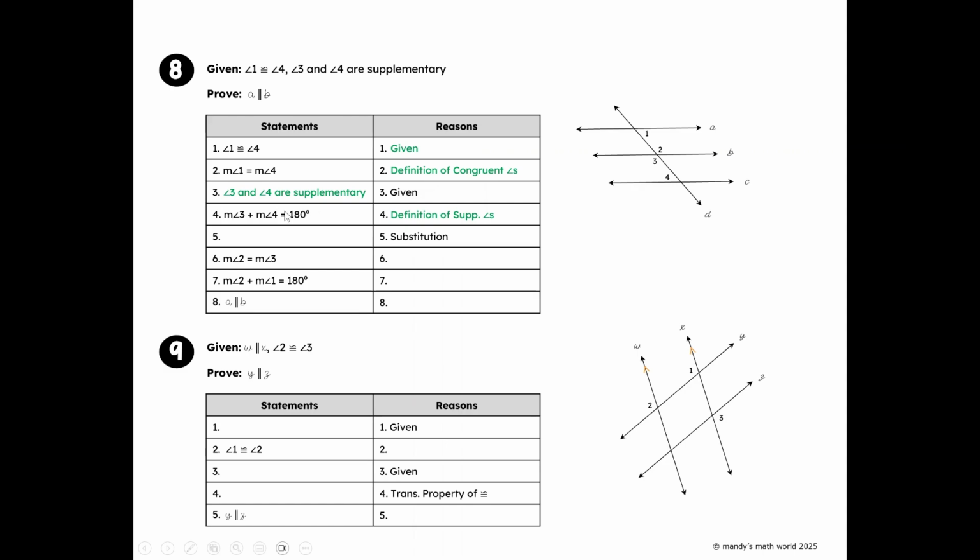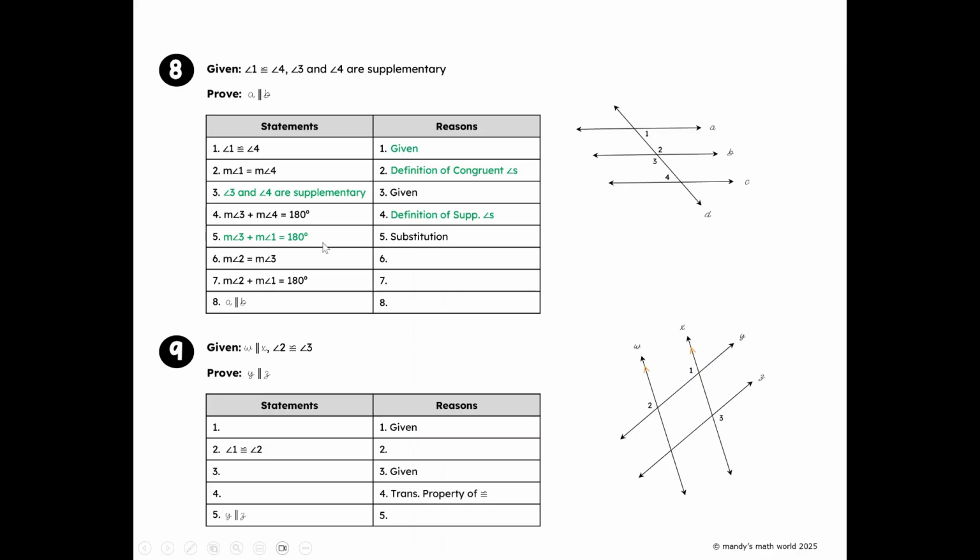Using the substitution property of equality, I'm going to come up with another equation here. What do you think that's going to look like? What do you think I'm going to replace the measure of angle 4 with? The measure of angle 1. So now I know the measure of angle 3 plus the measure of angle 1 should equal 180 degrees.